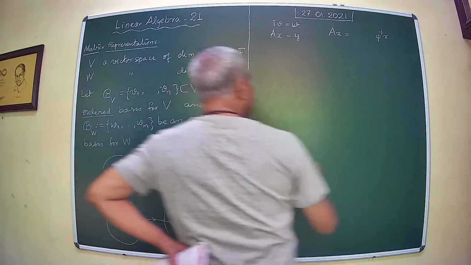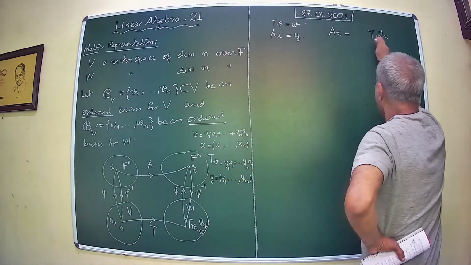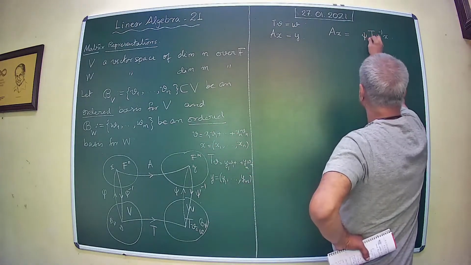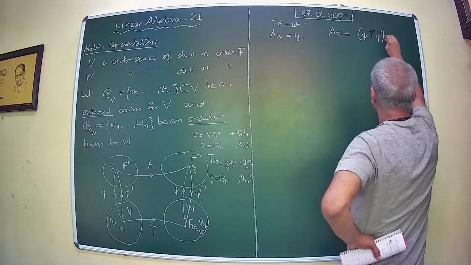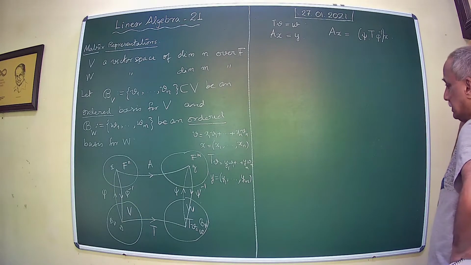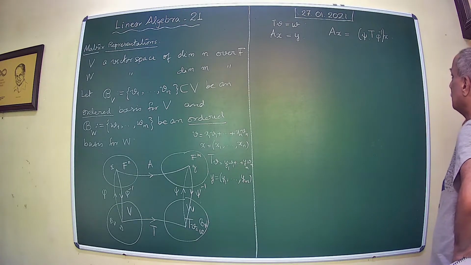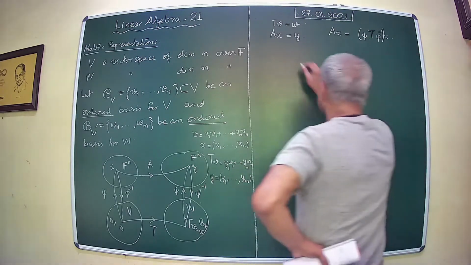And then apply T. Then what I do is I map with psi. So this is the map that I have. So A is essentially psi composition T composition phi inverse.